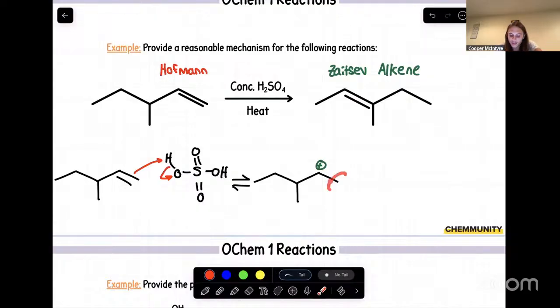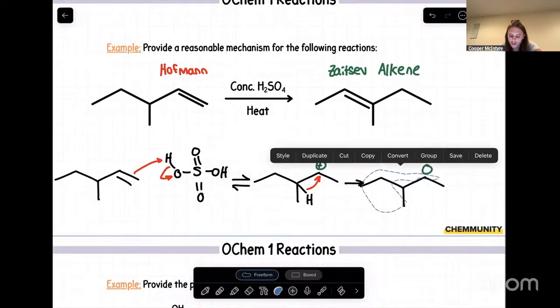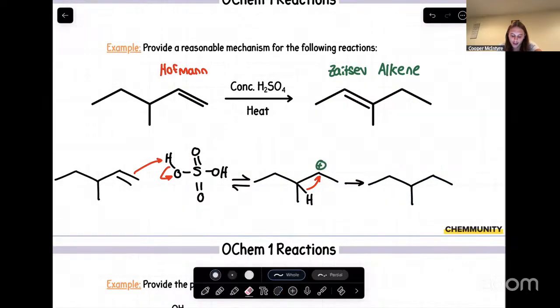So if we look over on the right side of that carbocation, we have a primary position. But if we look on the left side, we now have a tertiary position. So it's telling us that carbocation can be more stable on the tertiary position. Hydride shift will occur. Move that over towards that secondary carbocation. And then by doing that, we now have a way more stable tertiary carbocation, which is right here.